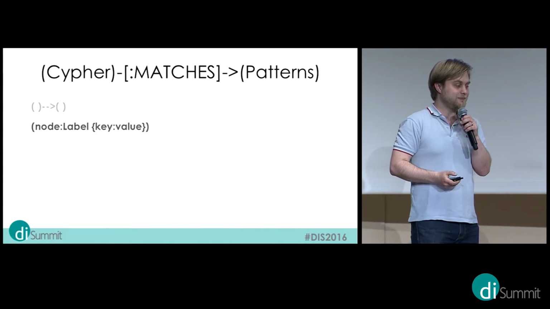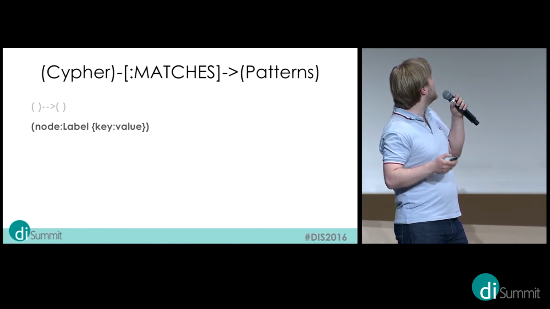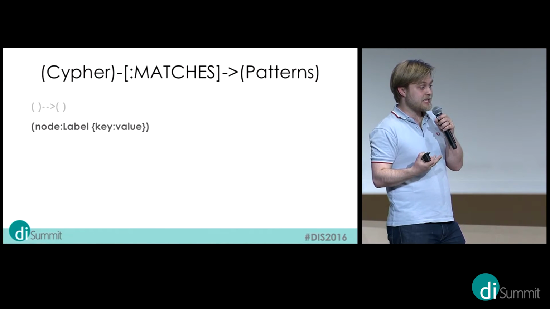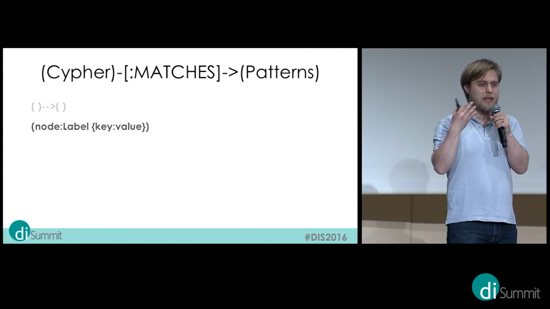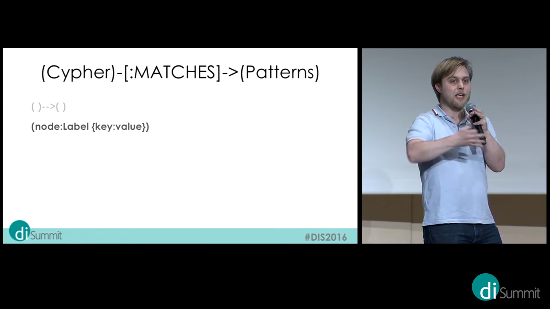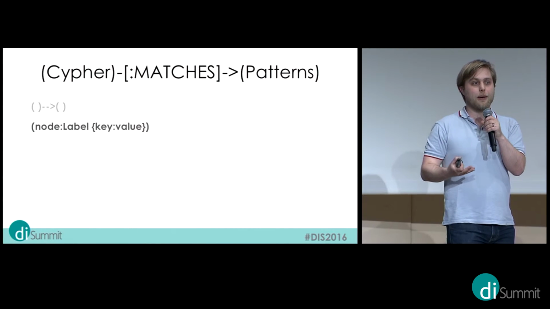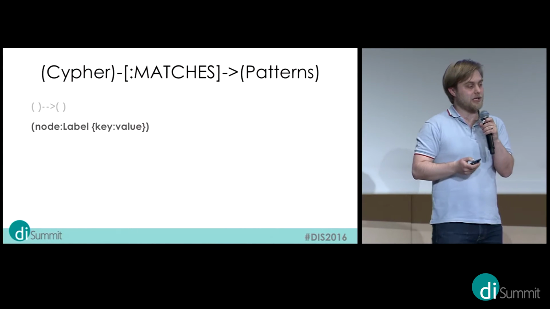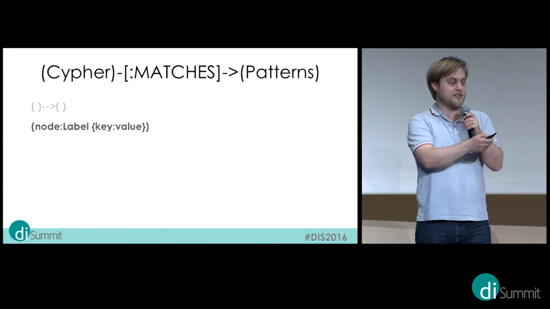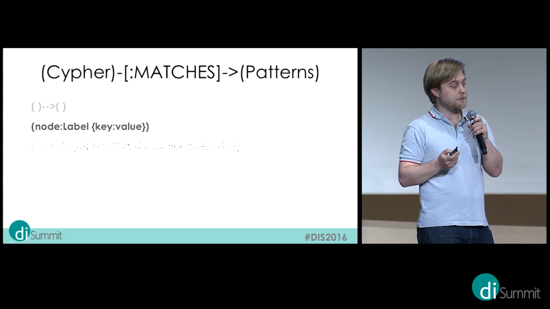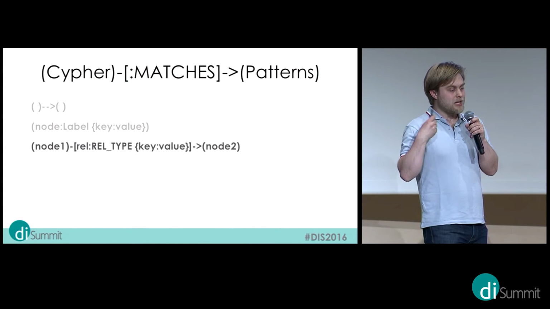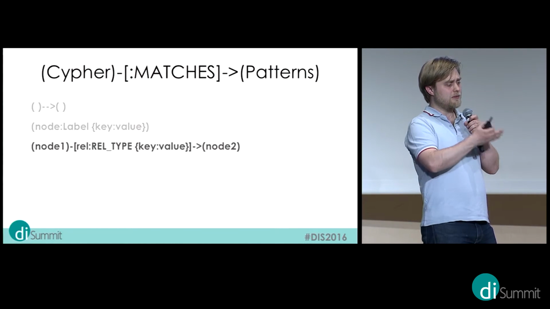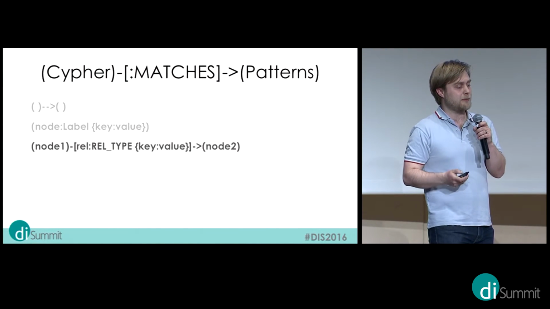It's just a single node, where we got a label in this case for matching the node. Labels are our way of saying what type of node is this. It's almost like a table in a relational database. And then we also want to match this by property value.